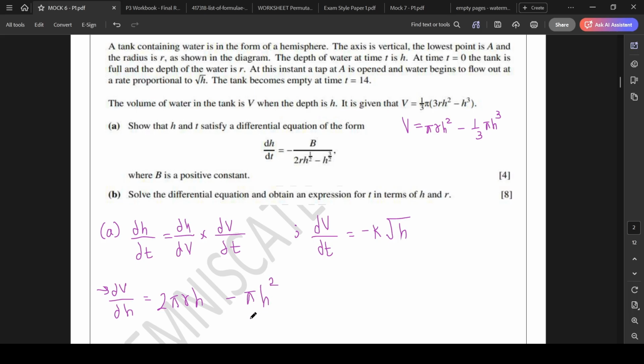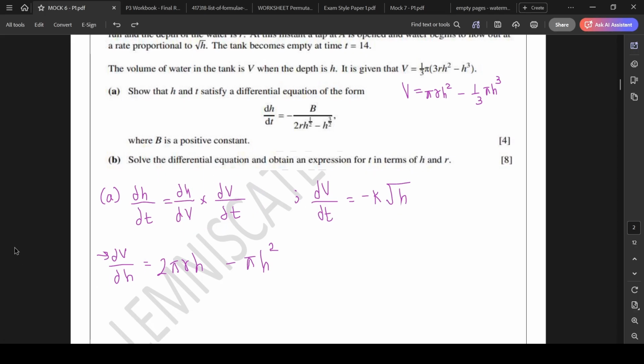So this is my dV/dh, and dV/dt is this. Now I can simply plug it into this equation to finally find my dh/dt. So my dh/dt is equal to, what is dh/dV? It is simply 1 over this. This is dV/dh, so to get dh/dV, you just need to take the reciprocal.